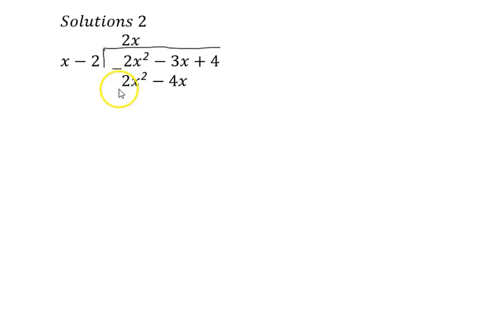So let's subtract: 2x squared minus 2x squared, that one has gone. Minus 3x minus minus 4x. This minus will result to plus. So we now have minus 3x plus 4x. It's just like saying 4x minus 3x. Will give you what? x.